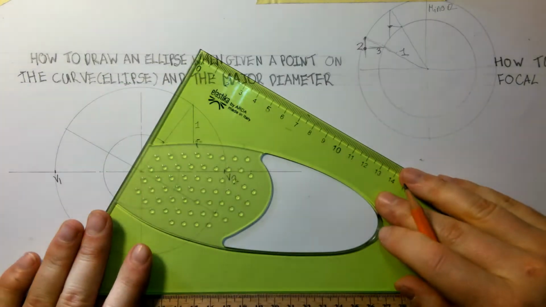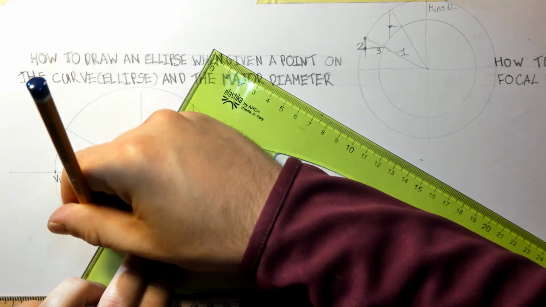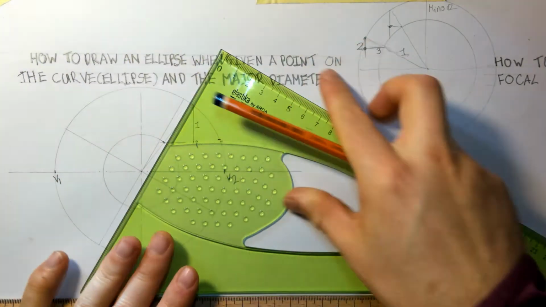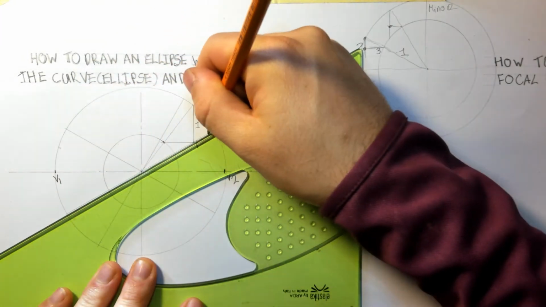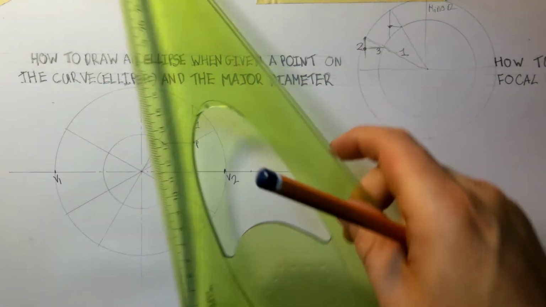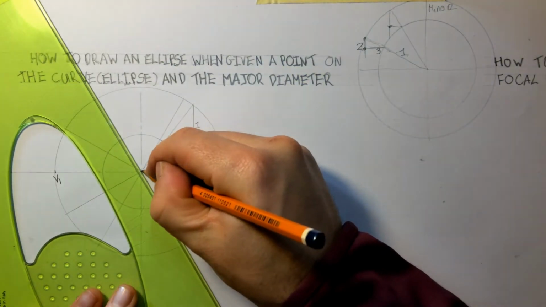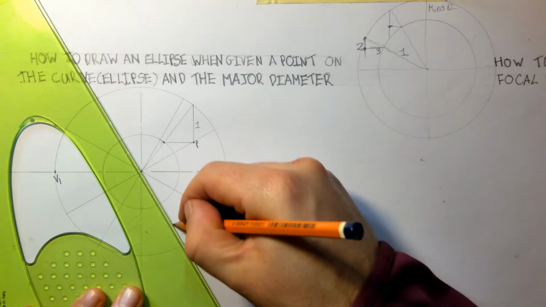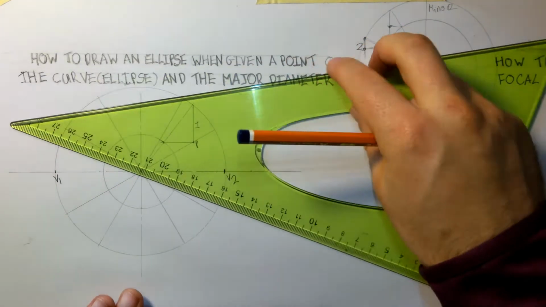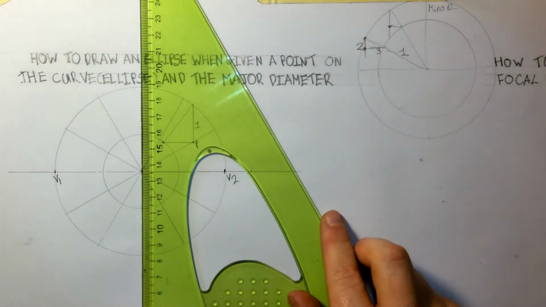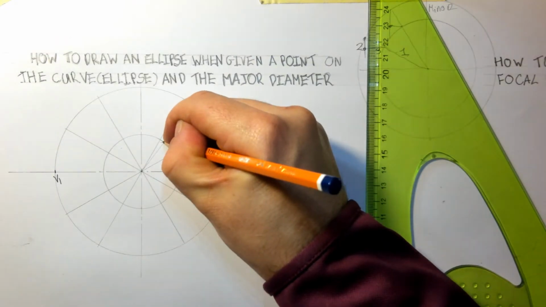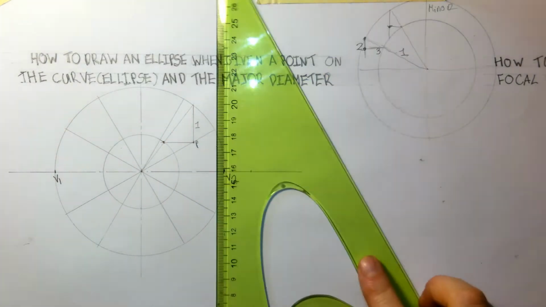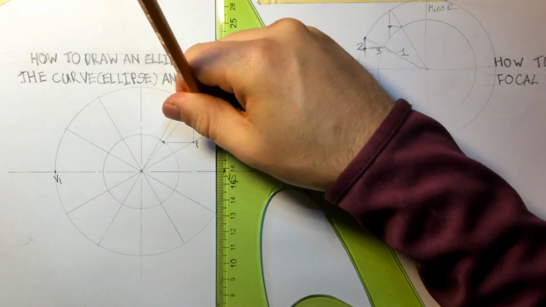I don't think there's much need for me to actually show you how to draw in the ellipse. So once I do the divisions, which I have done there, I'm going to move on. So I'll pause the video and sketch the ellipse myself.